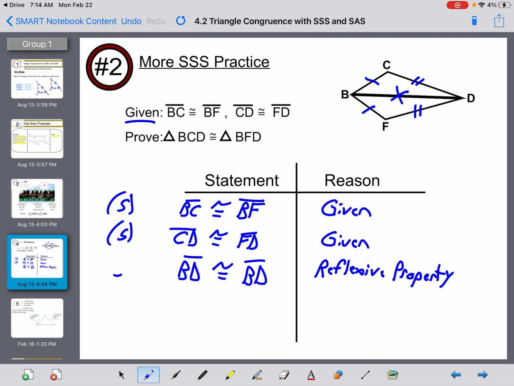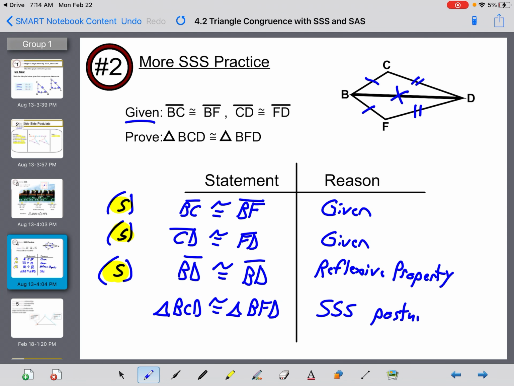Okay, so we have all three sides now. Side 1, side 2, side 3. And I can say that triangle BCD is congruent to triangle BFD. And that's by the side, side, side postulate. And there's your proof.